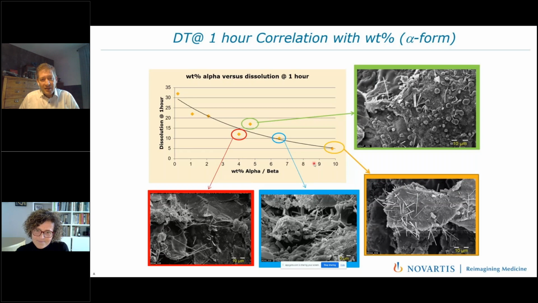In fact, the team of Excelsius was not only identifying the form that was contaminating the sample, but was also able to develop a semi-quantitative model to evaluate the ratio between the alpha and the beta forms that we were intendedly putting into the formulation.